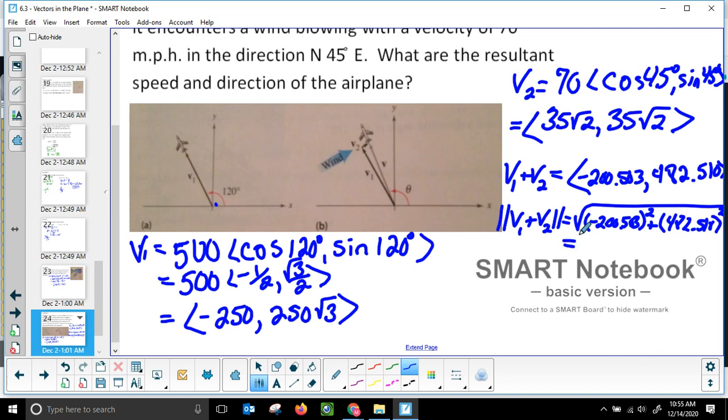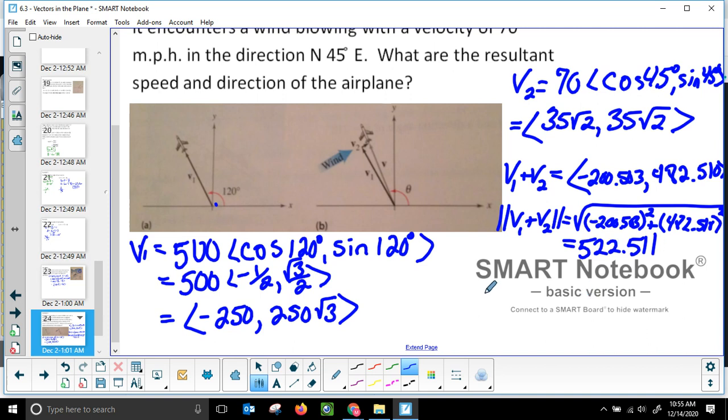And when I do that, we get 522.511. So that's the speed of my airplane now, because the wind is helping us a little bit.